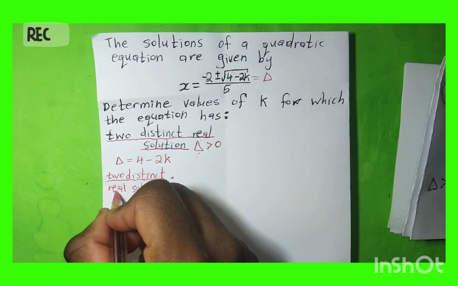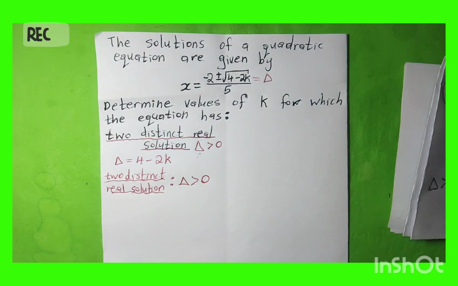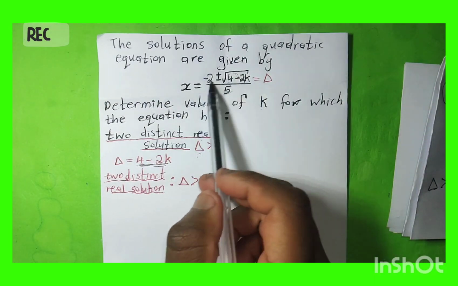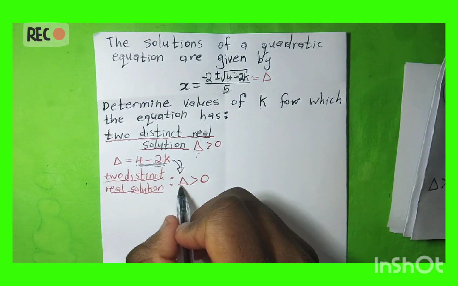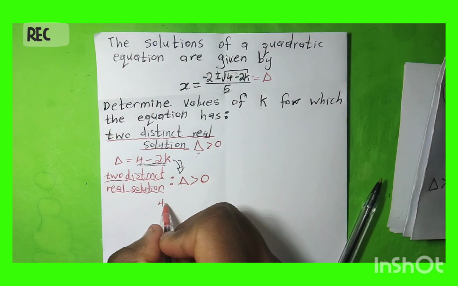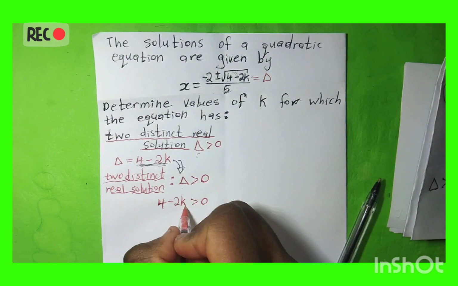That symbol means that the discriminant is greater than 0. According to those solutions, the discriminant is this one, meaning I can substitute it here. Where there is delta, I can put 4 minus 2k greater than 0.